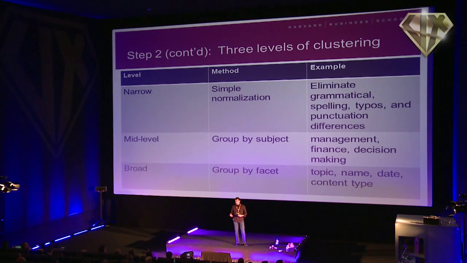That is how we would cluster those. And broad level clustering is grouping by facet. Facet is used in a slightly different context here than in faceted navigation. In our case, the facets are things like topic, a person name, a geographic name, or a type of content it is. We will see examples of each one of these.